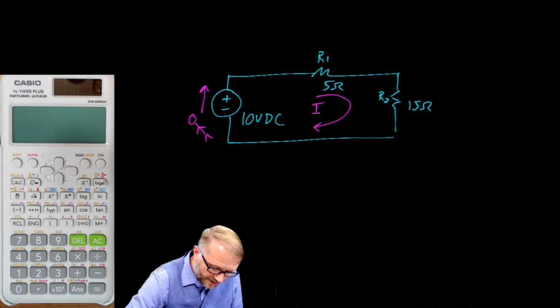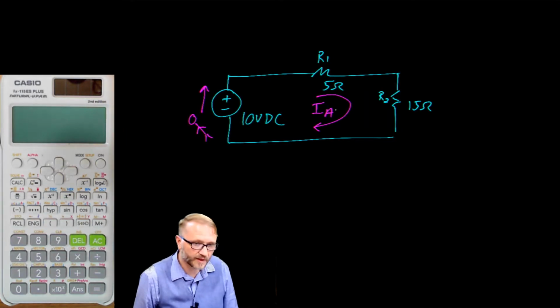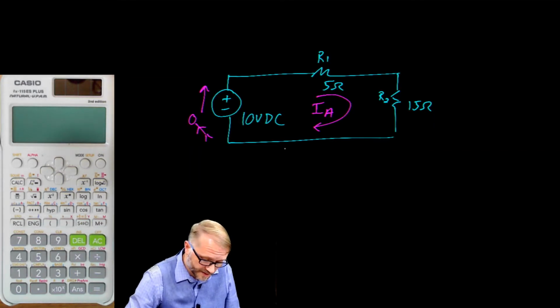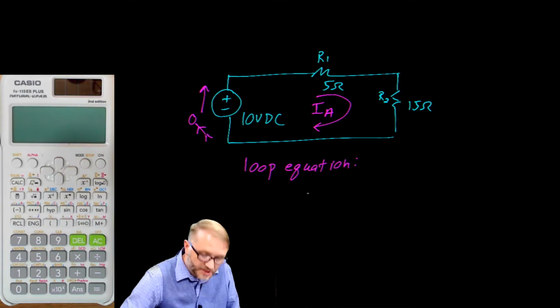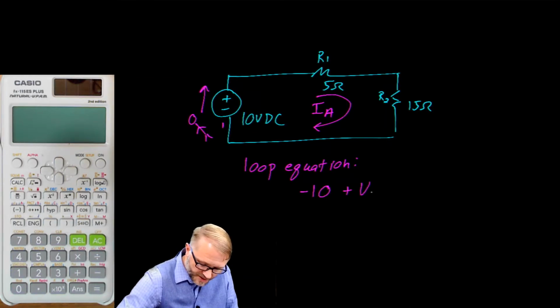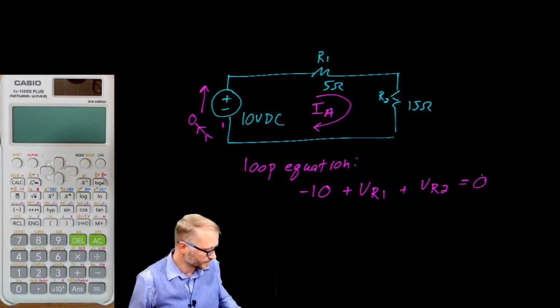We could talk about a current A flowing in this circuit. That's the same thing as saying take a trip around the circuit. Now, our loop equation, since we're starting on the negative terminal of this power supply, our first number is negative 10. Then we would say the voltage on R1 plus the voltage on R2 is equal to 0.